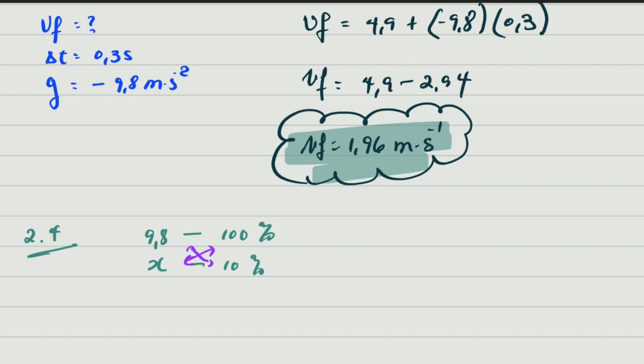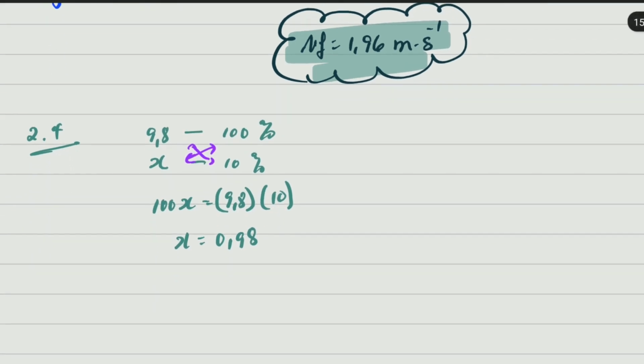So this one is going to be 100x equal to 9.8 multiplied by 10. And this will give me that x is equal to 0.98. Now, note the following. The velocity of the object is not 0.98.